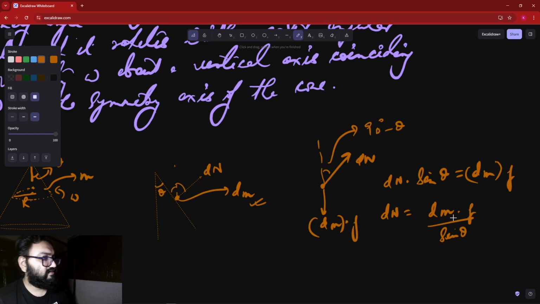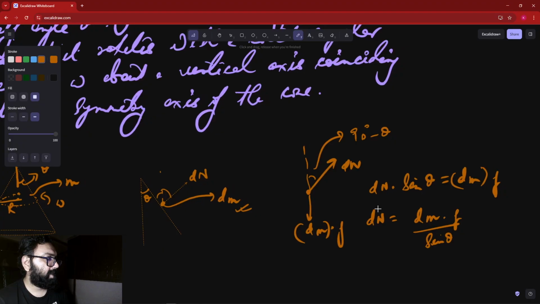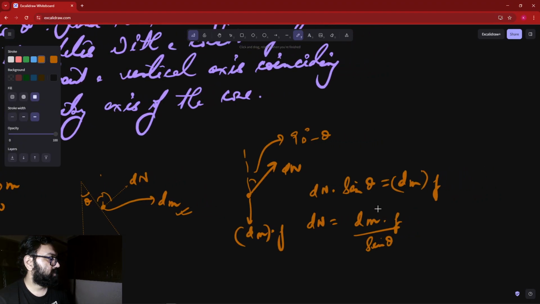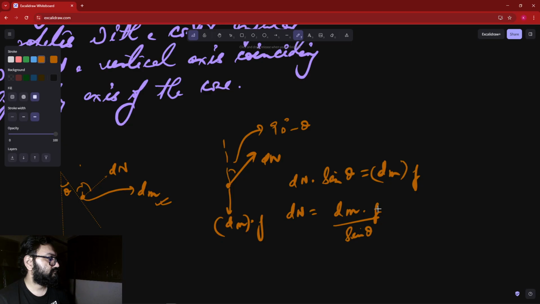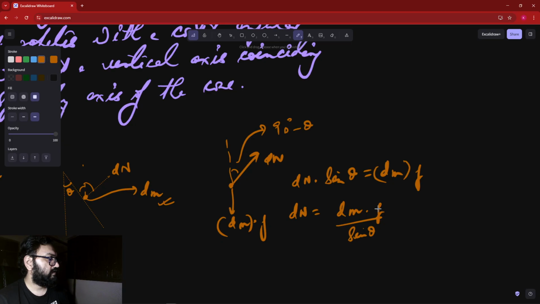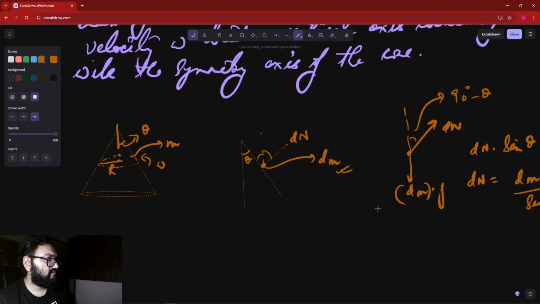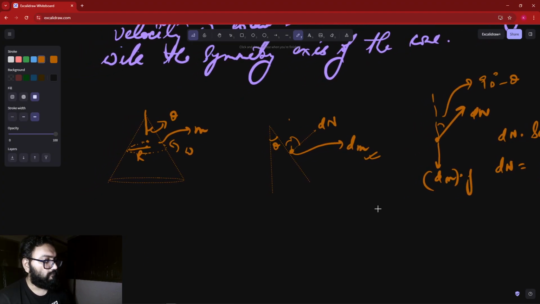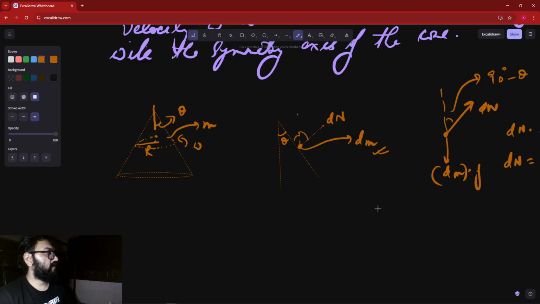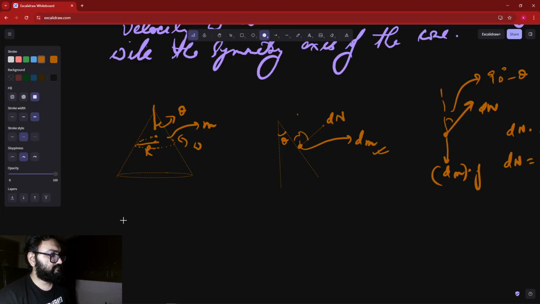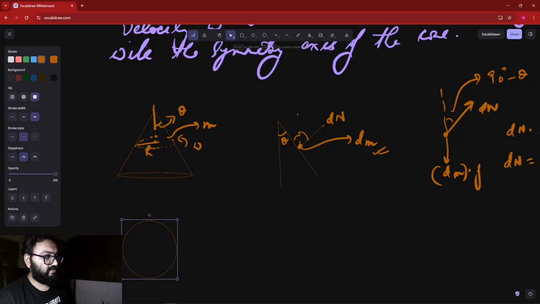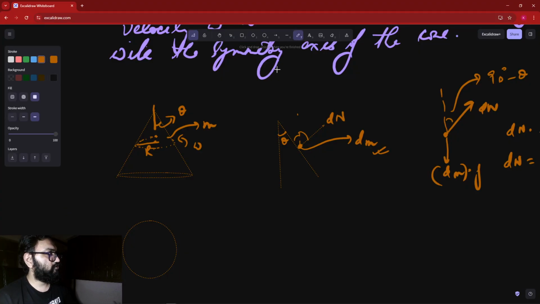Also, I can write down one more thing. If I look at the ring from the top, it would look something like this, right? This is going to be the ring, and it is going to be rotating with an angular velocity of omega.